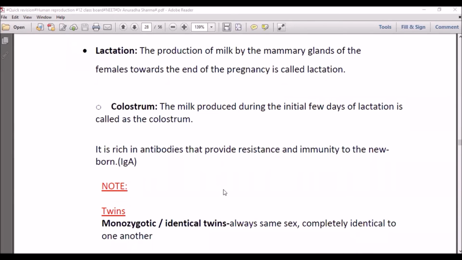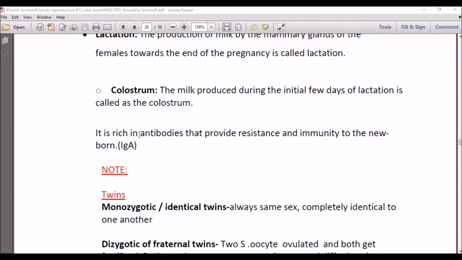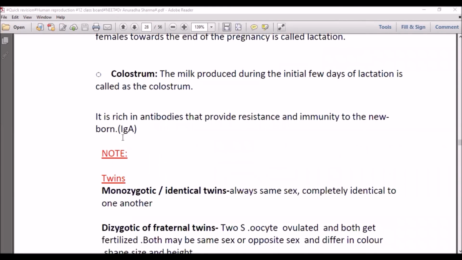And it is very important because it contains antibodies that provide resistance and immunity to the newborn baby. The antibody present in this milk is IgA, so it is very important that IgA is present in colostrum, providing resistance and immunity to the newborn.